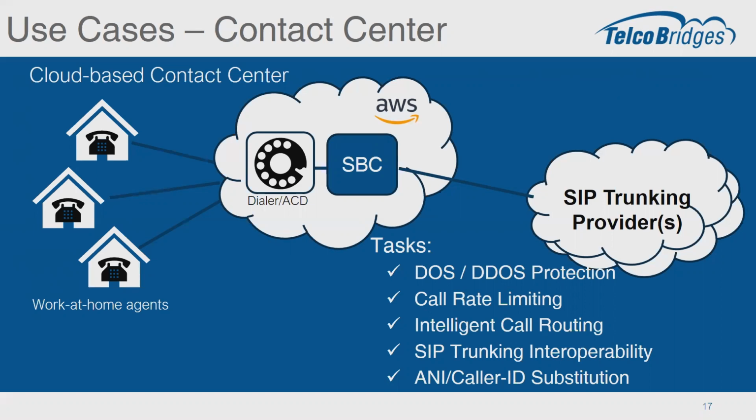With the dialer, you may want to manage call rate performance, call routing certainly, and resolving some interoperability issues potentially between different SIP trunking providers and the dialer or the ECD. One of the last things might be either ANI or caller ID substitution, customizing what goes out in the caller ID for outbound contact centers. So we see this as potentially being a very valuable use case.